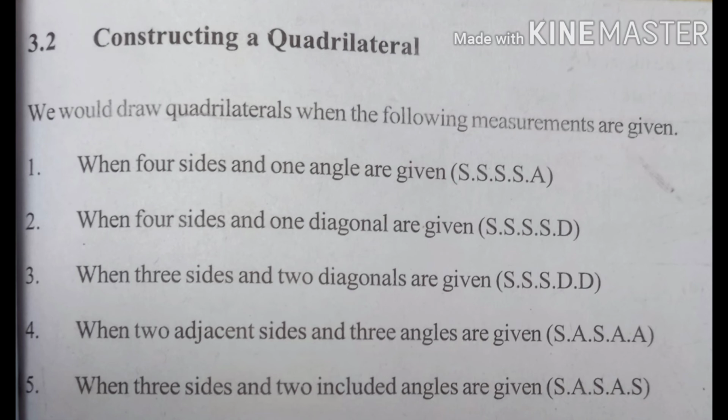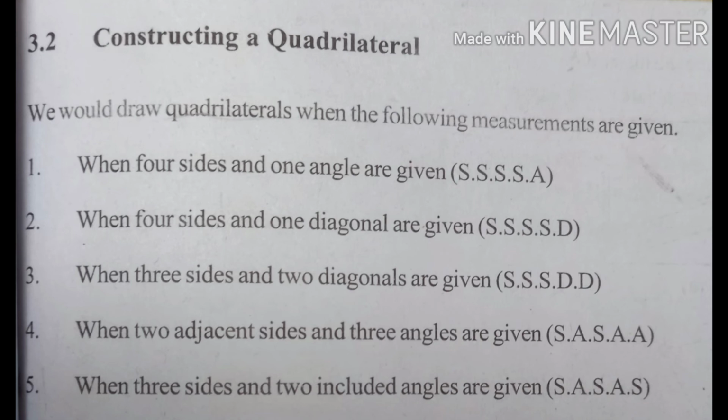Third one, when 3 sides and 2 diagonals are given, that means SSSDD. S means side and D means diagonal. Fourth one, when 2 adjacent sides and 3 angles are given, that is SASAA rule. Fifth one, when 3 sides and 2 included angles are given, that is SASAS rule.